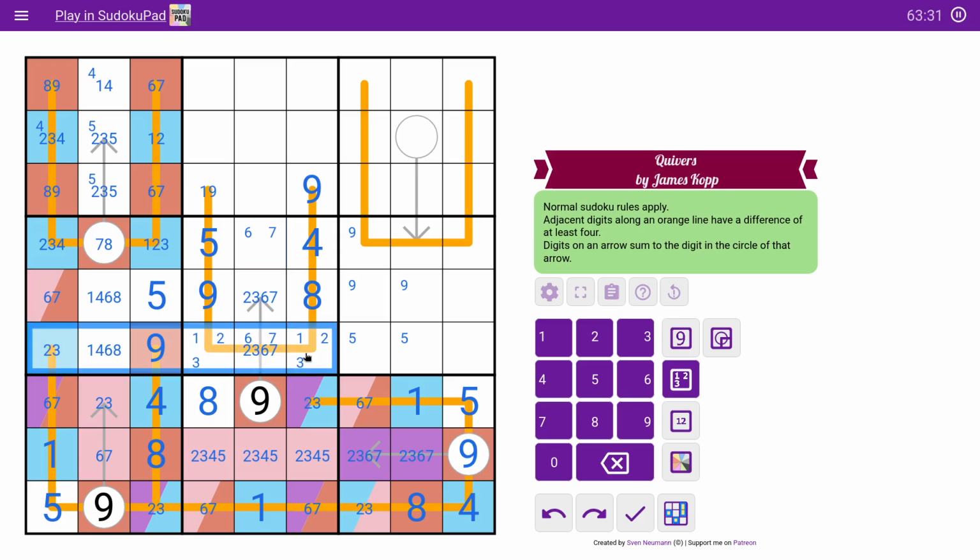Or was it just as simple as looking in the row and observing that one of... Why is this impossible? One of these is a 1, yes.